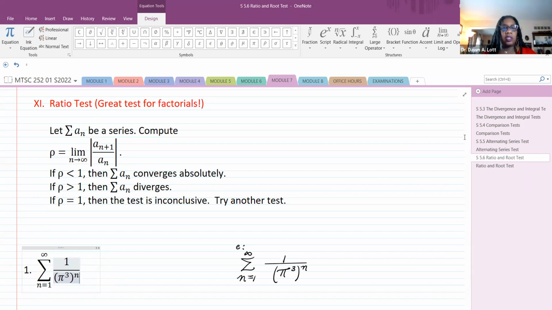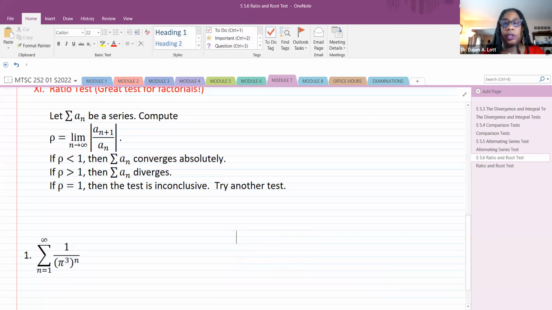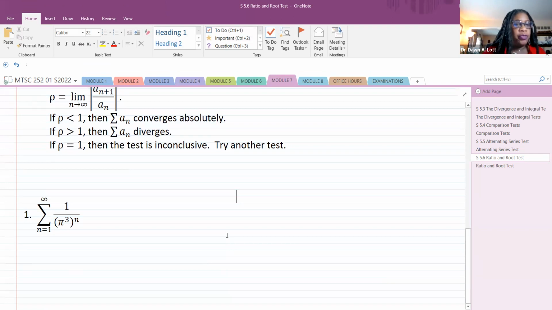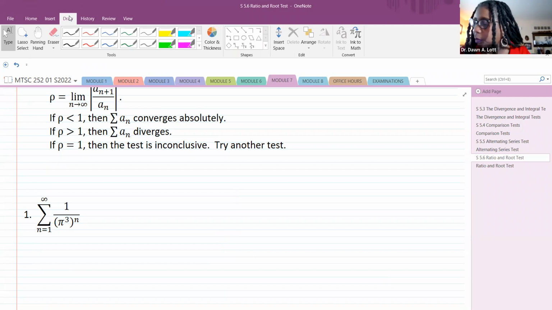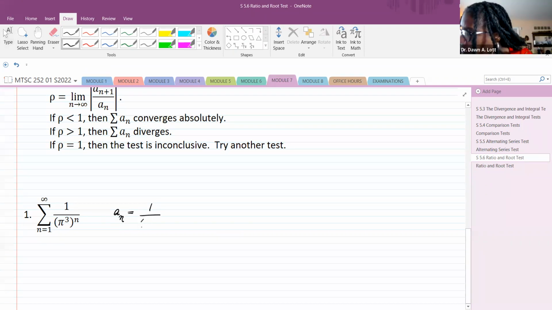Okay, so this is the test we want to do. All right, and we want to use the ratio test. So what I need you to do is to identify for me what is a_n. Would a_n be what? Oh, sorry, pi cubed to the nth power. Okay, so a_n is the whole thing, pi cubed to the n. And what will be a_(n+1), the next term?